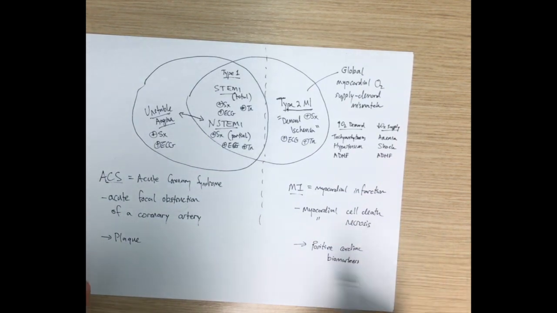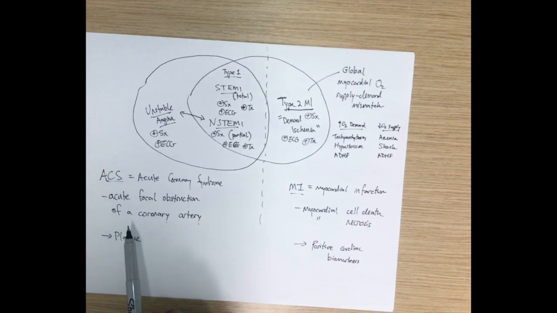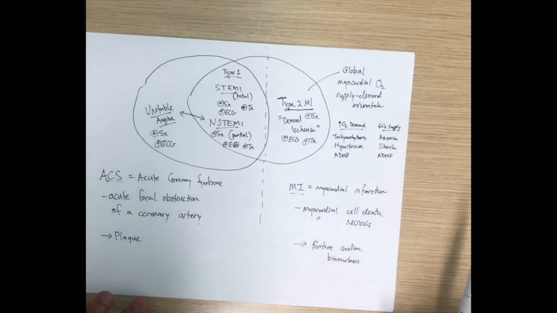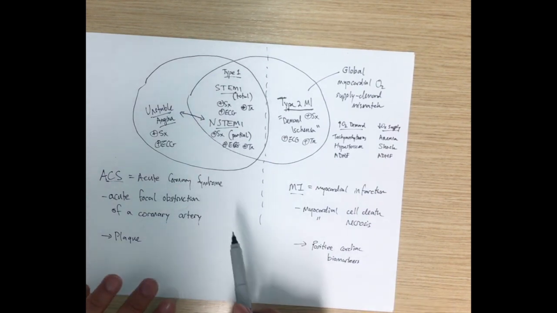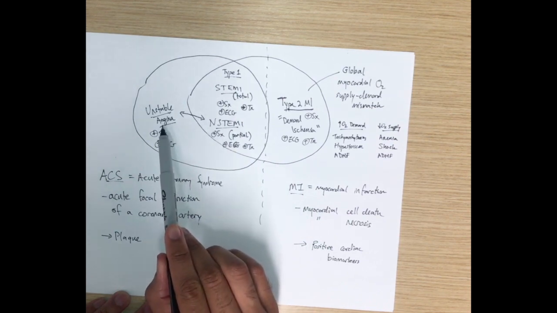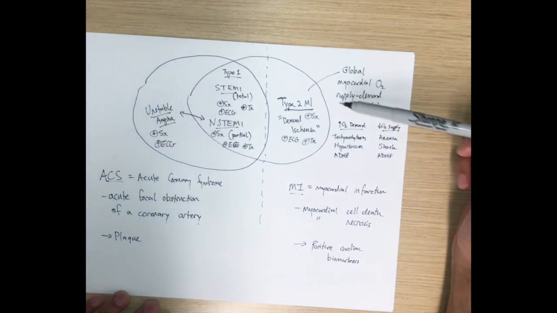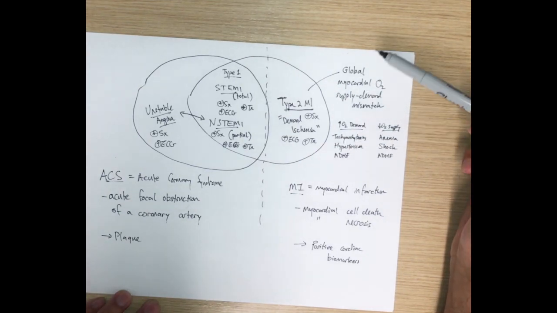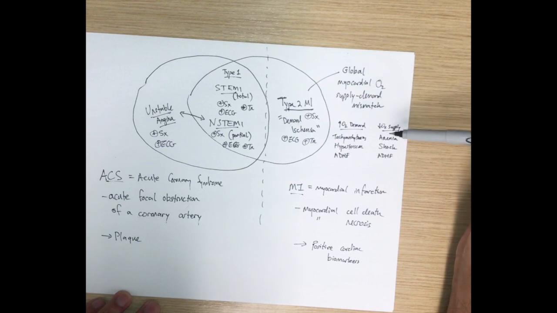So, just to summarize, acute coronary syndrome is acute focal obstruction of a coronary artery, usually due to plaque rupture, whereas an MI is myocardial cell death, and we detect that with positive cardiac biomarkers. Acute coronary syndrome is basically STEMI, NSTEMI, and unstable angina, whereas you can also have an MI that's not acute coronary syndrome, called a type 2 MI, and that is where you have global supply-demand mismatch in myocardial oxygen.